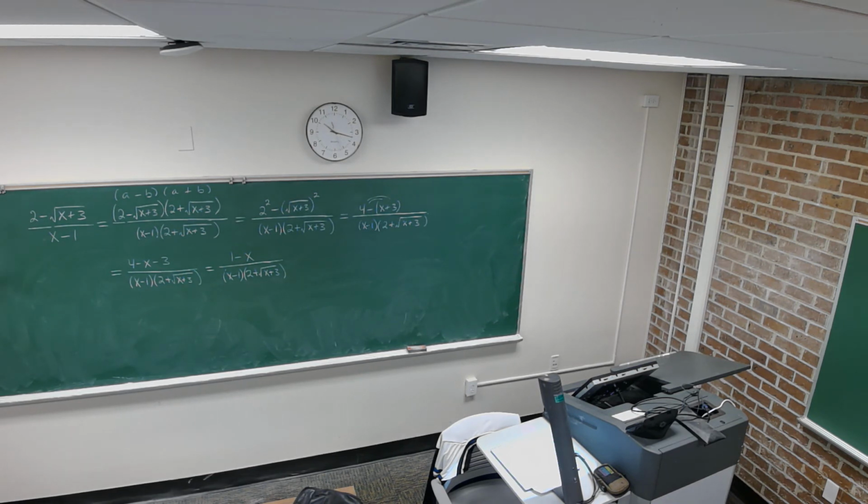Minus x plus 1, I can switch the order of that addition, is 1 minus x. So the negative of x minus 1 is equal to 1 minus x, or -1 times x minus 1 is equal to 1 minus x. Right? Makes it easier.